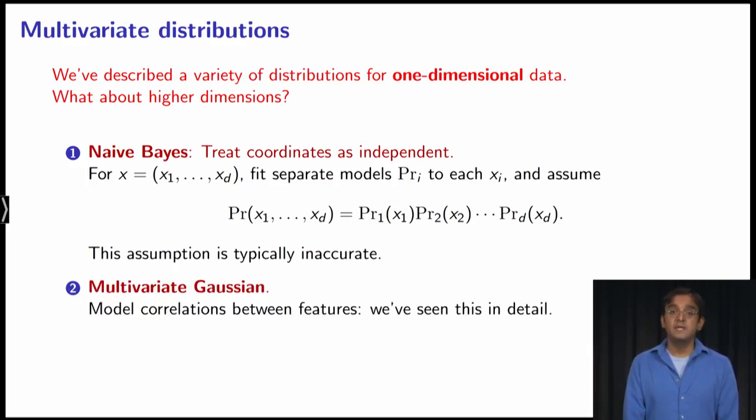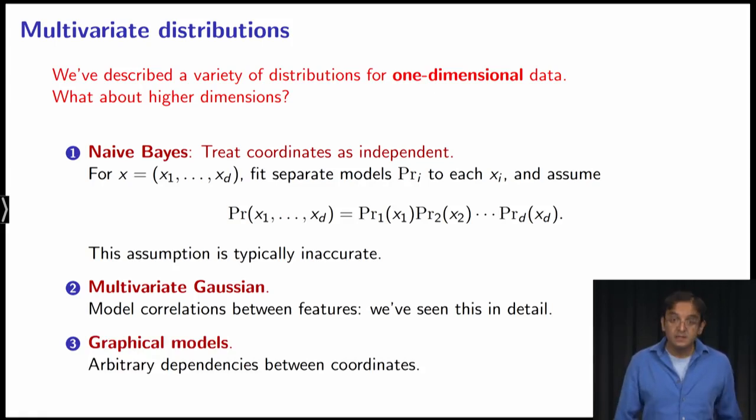Option number 2 is to use the multivariate Gaussian, which we've talked about a lot. Now, the multivariate Gaussian does not pretend that the coordinates are independent. It allows us to model pairwise correlations between the coordinates, and as we've seen, it's really quite simple to use. The third option is to use a general graphical model. Now, this is sadly outside the scope of this class, but briefly, a graphical model represents a probability distribution over many coordinates using a graph.